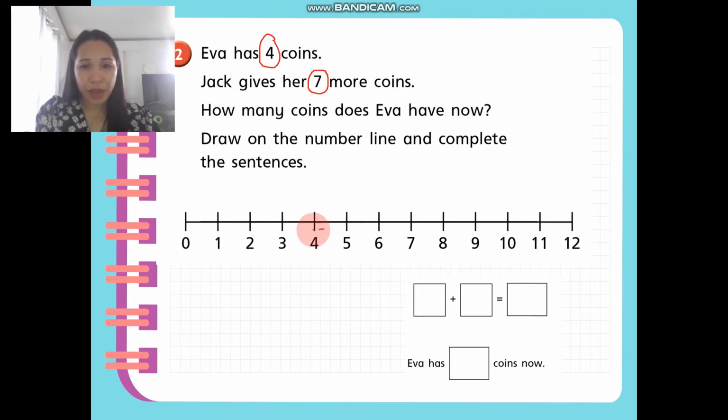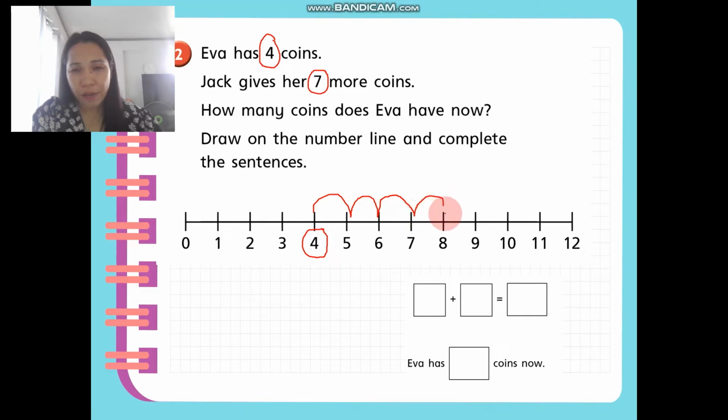So Eva has 4 coins. And Jack gives her 7 more coins. So I'm going to jump 7 times. So that's 1, 2, 3, 4, 5, 6, 7. And after jumping 7 times, I ended up in number 11.